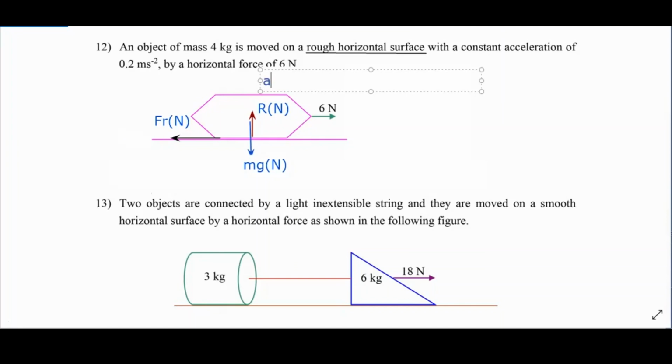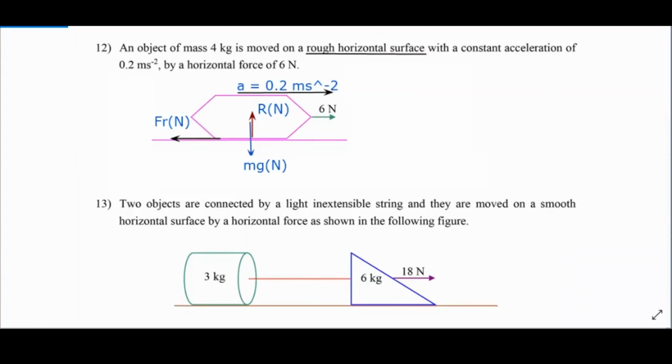Acceleration of the object is given as 0.2 meters per square second. This is also given. Mark them already.